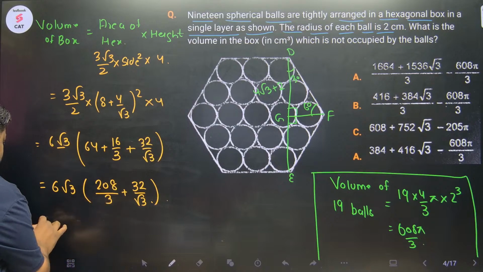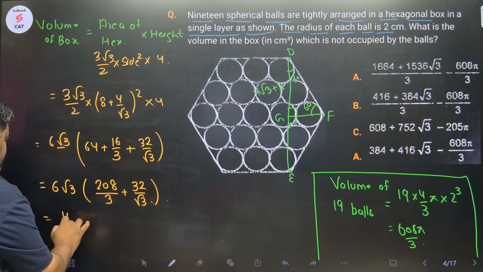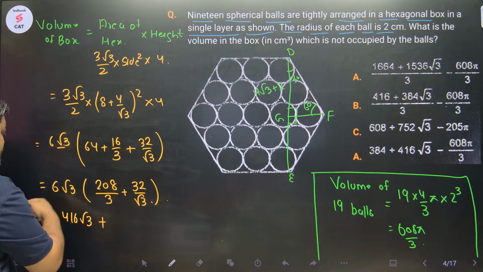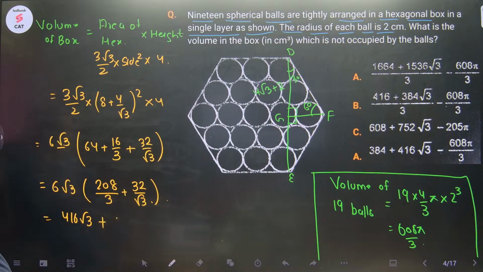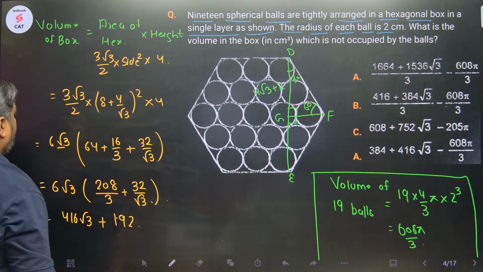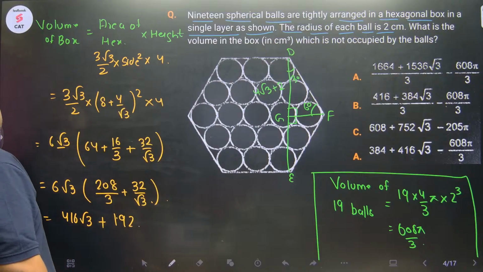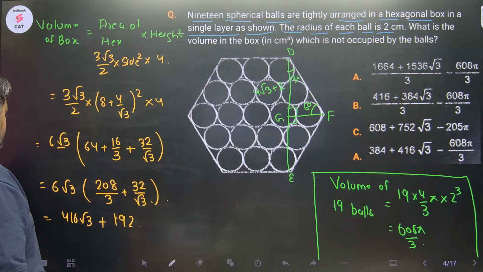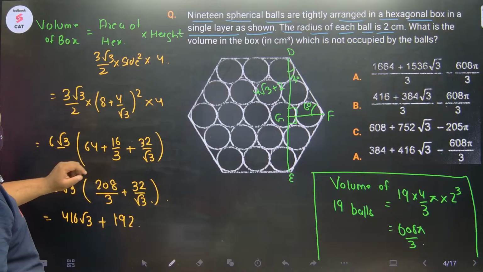Multiplying individually, this gives 416 root 3, and root 3 cancels with root 3 in the other term. 32 cross 6 is how much? 192. Twice AB, 32 into 2, is 64 by root 3.